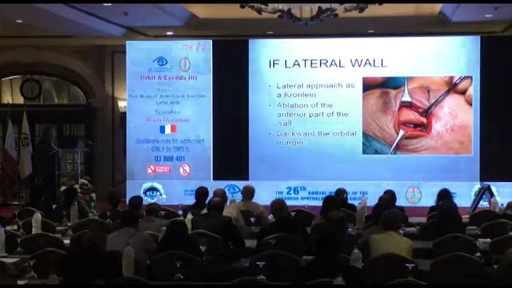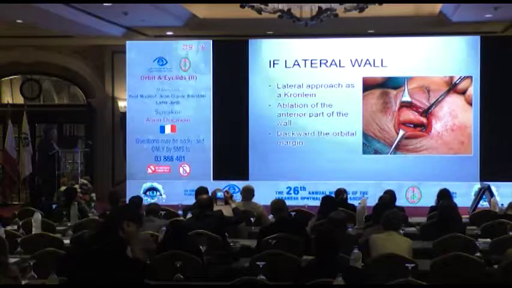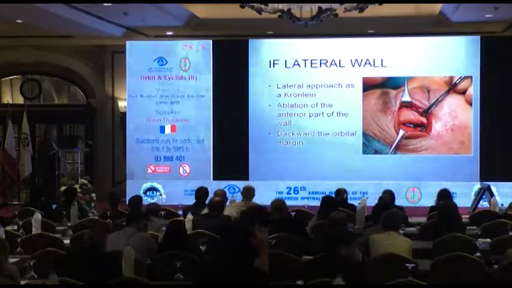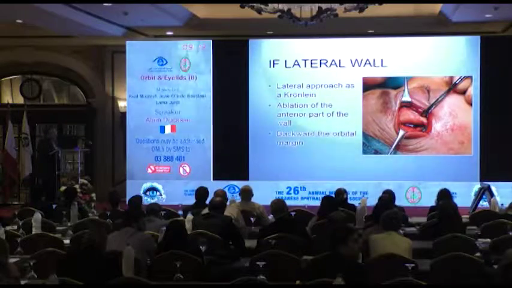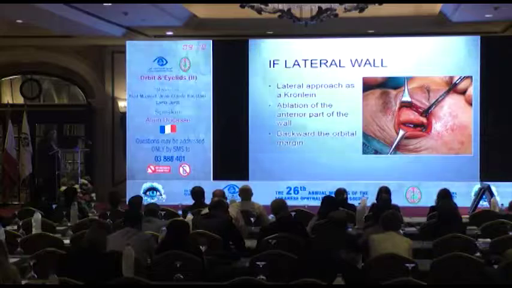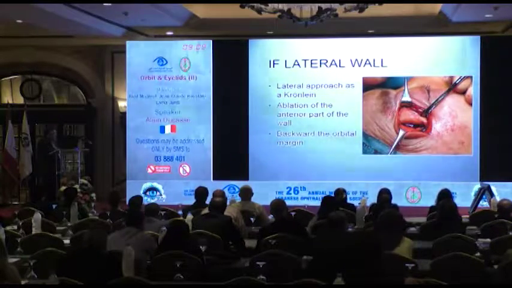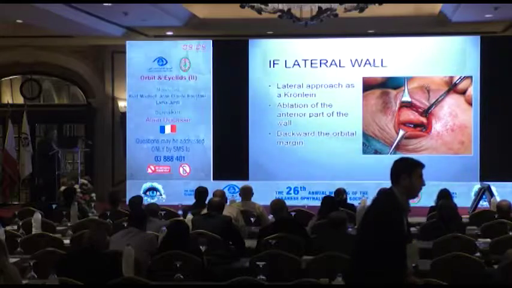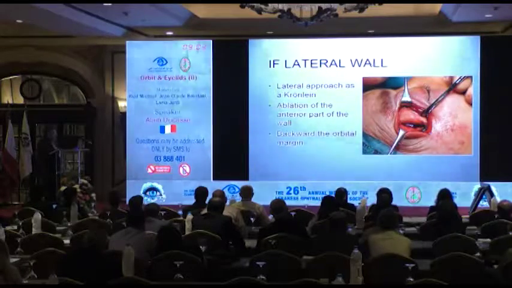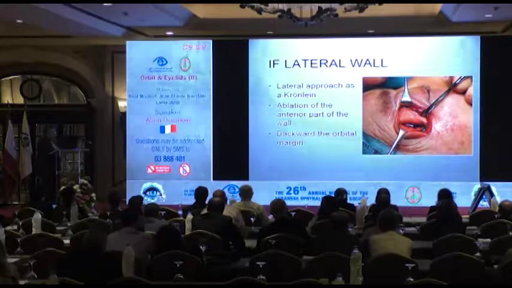For the lateral wall, we do a coronal-line approach, as I showed you this morning. We keep the anterior part, we keep the orbital margin, and we break only the posterior part of the lateral wall.